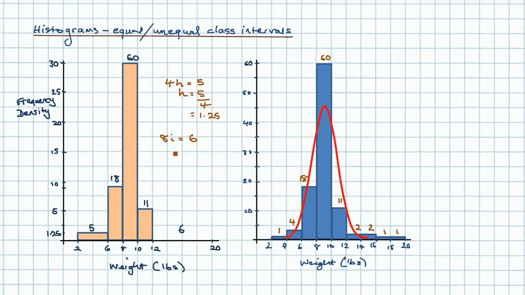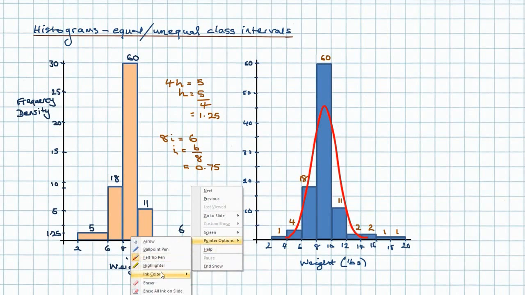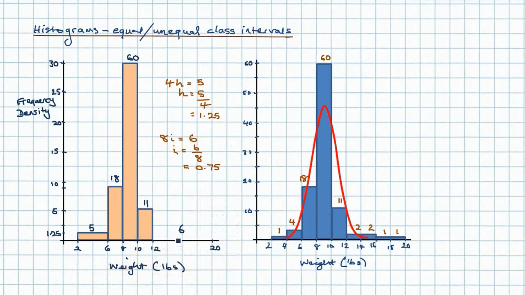So our height here, our second value here, has got to be 6 divided by 8, which gives us 3/4 or 0.75. Well, that's a little less than half the height of this bar here. So let's now draw this very close to the axis, so about here, and then draw up our bar.